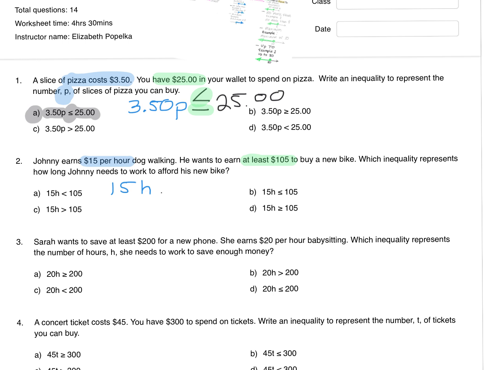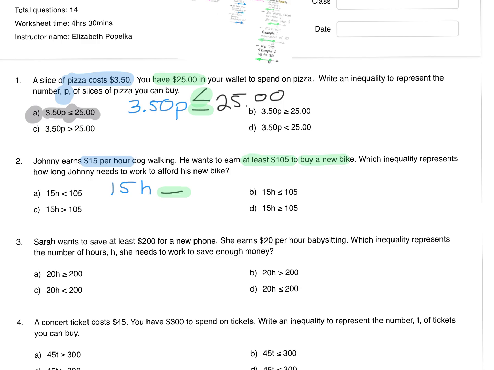So he could earn exactly $105. So we do need an inequality symbol that has an equal to sign as part of it, because $105 exactly would be okay to buy a bike, but he's certainly not going to complain.